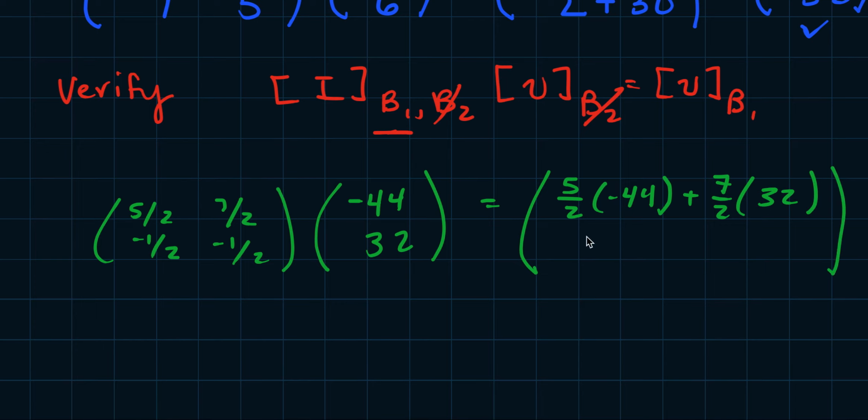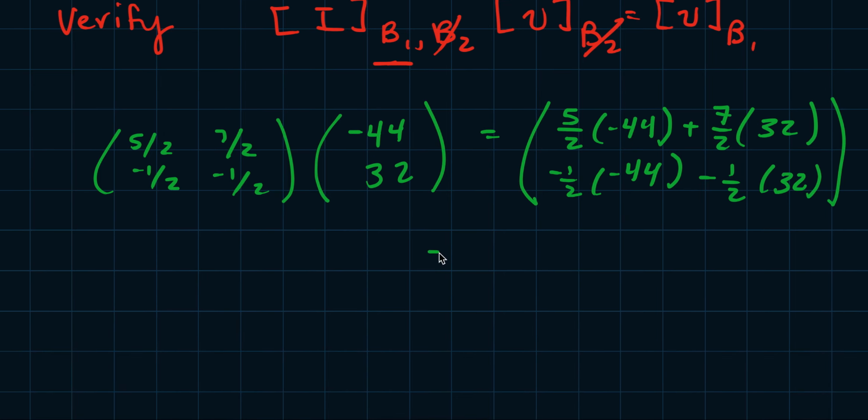And on the bottom we have -1/2 times -44 minus 1/2 times 32. Okay. This is -22, so that's, I think, -110. And then plus, here we have 16.